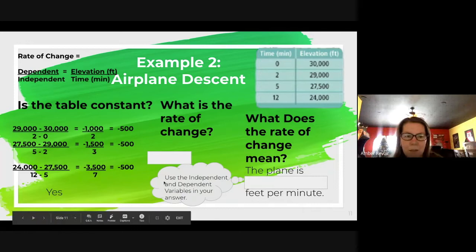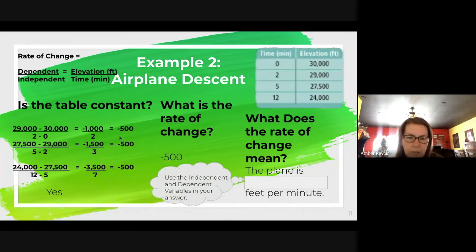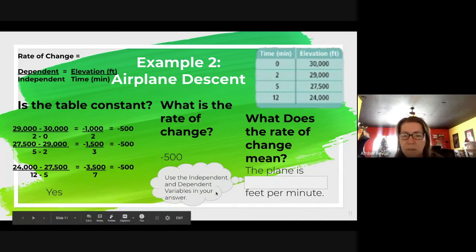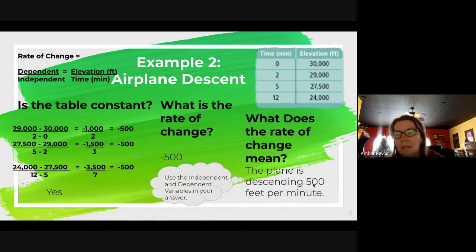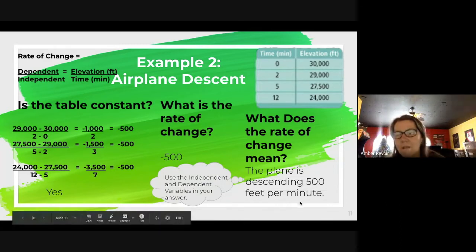So what is the rate of change? We give it the numerical value of negative 500. We're going to use our independent and dependent variables in our answer. What does the rate of change mean? In this case, the airplane descent, it means that the plane is descending 500 feet per minute. It's a negative 500, so it's going down.